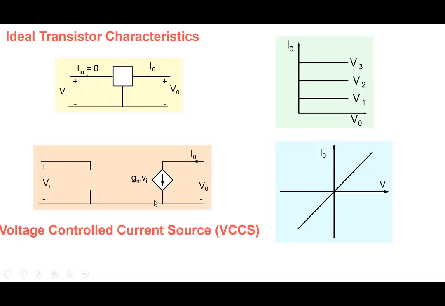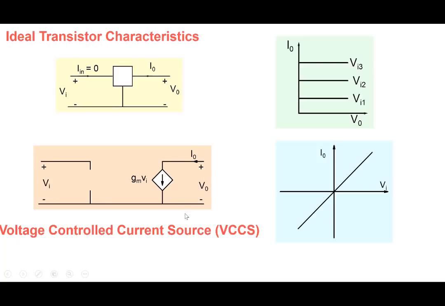In fact, if we look at a MOSFET, the MOSFET may look something like this here. Later on in the course, we'll see that the MOSFET has a complicated construction, but electrically, when you look at it from the terminal side, the MOSFET could be thought of under certain conditions to be like this here. Vi applied here, and V0 here, and I0 is Gm times Vi.